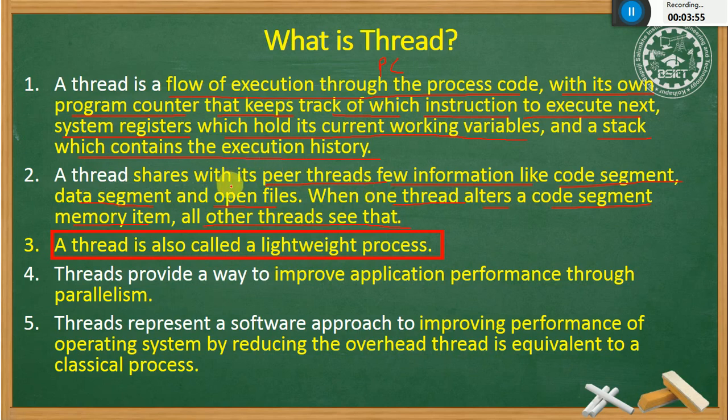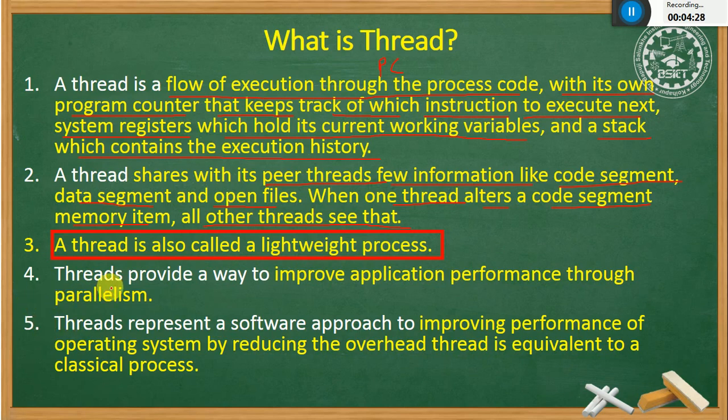In other simple words, a thread is interconnected to other threads, or it may have peer threads. They can share the code segment, data segment, and open files. All the shared information between the threads can be seen by the other threads. Okay, thread is a lightweight process.